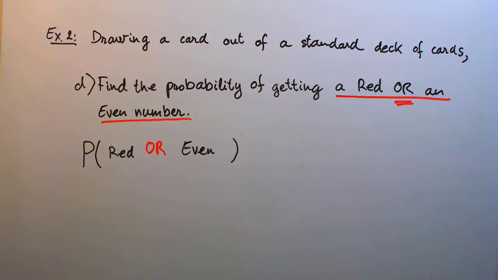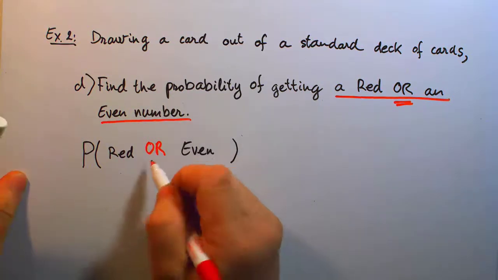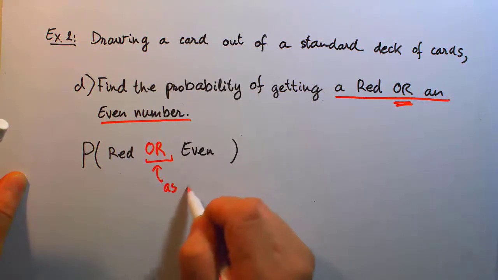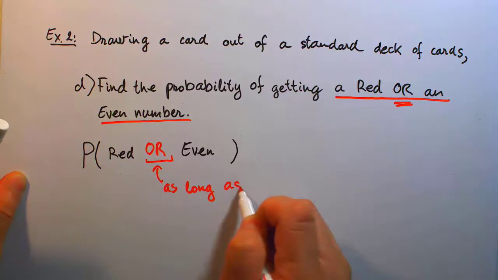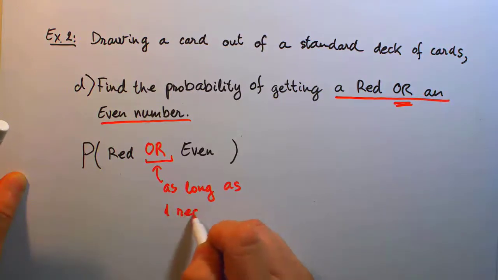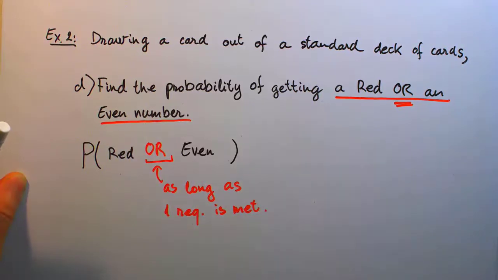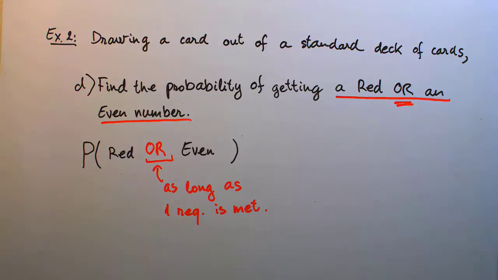I normally teach my students to think of the or as meaning: as long as one requirement is met, we're going to count that outcome. So I put up that scenario again about meeting with your academic advisor.